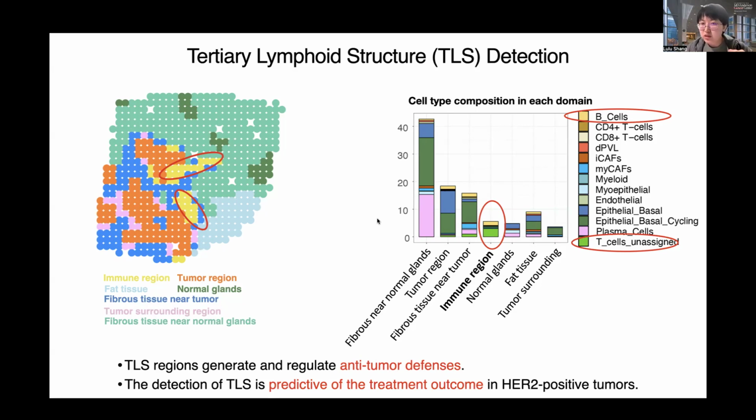So we first did the cell type decomposition using RCTD, and we inferred the cell type composition within each region. Among all the regions, we found that the immune region we detected is more enriched with B cells and T cells, which are exactly the signature cell types for the TLS. And that is the first evidence.